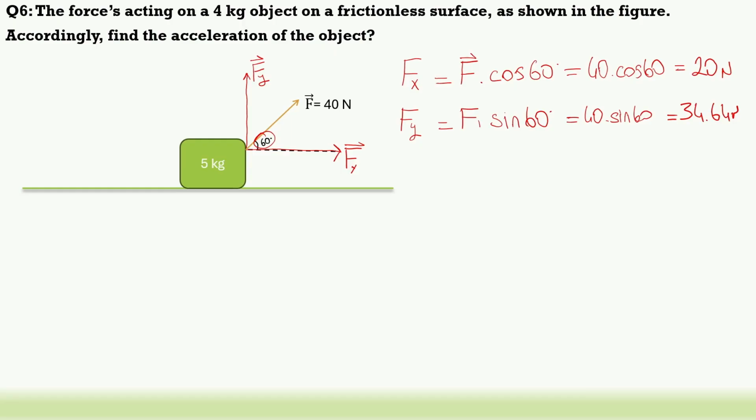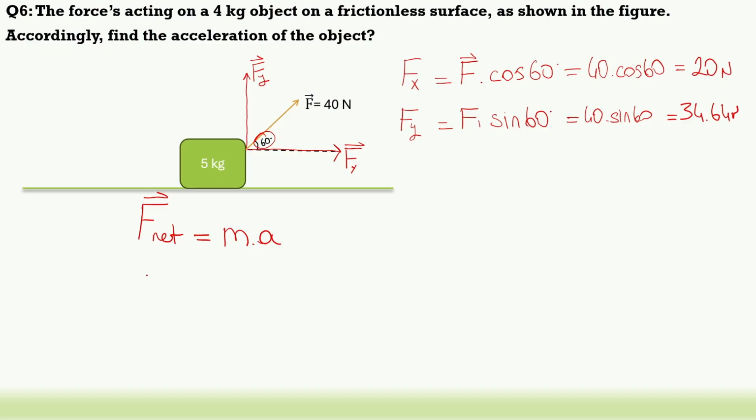Now we can calculate the acceleration easily. To calculate the acceleration, again we use Newton's second law: F net equals m times acceleration. The y component of the force doesn't cause the acceleration, but the x component of the force causes the acceleration.